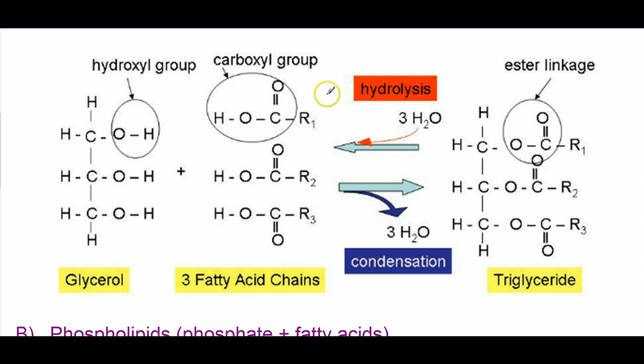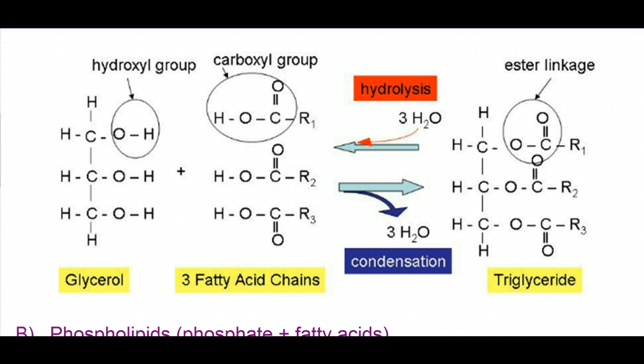Okay, and remember, an acid group here, a carboxylic acid group looks like this, an alcohol or hydroxyl group looks like this. And basically, how we get our triglyceride forming, this is where the word triglyceride comes from, each of these 3 fatty acid chains is going to come in and bond to the hydroxyl group on our glycerol.